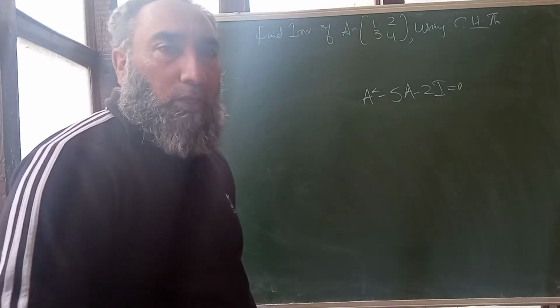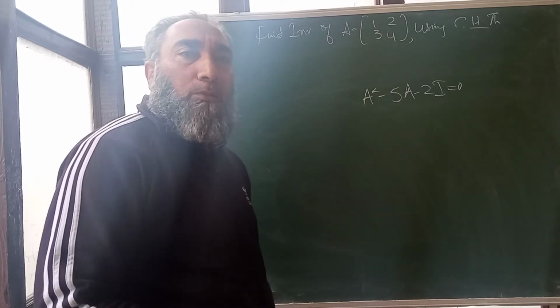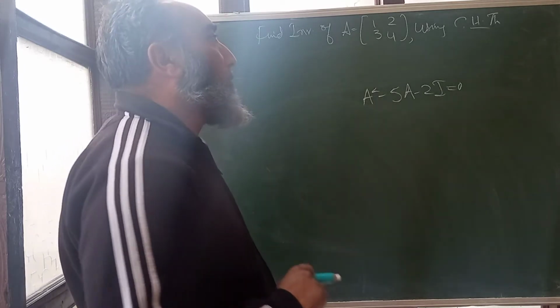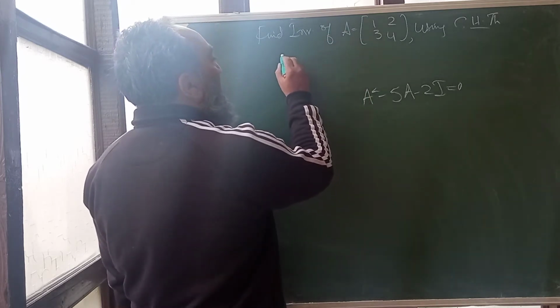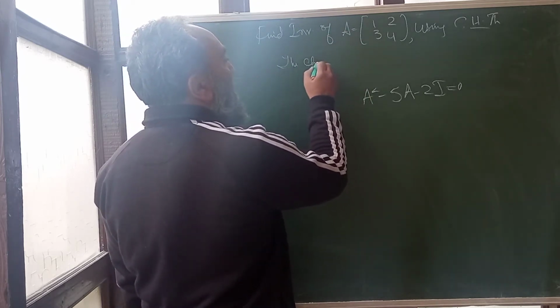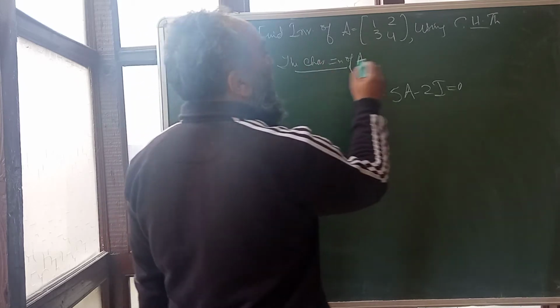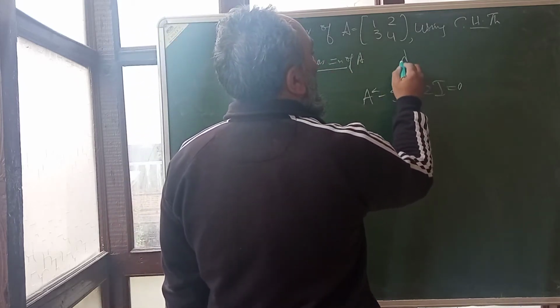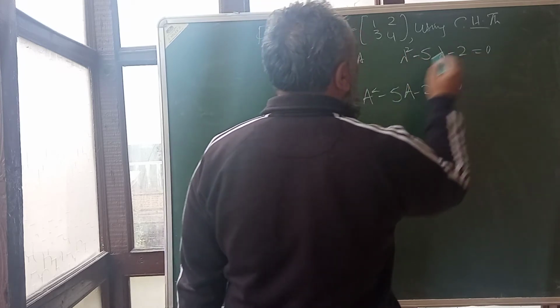If I have to proceed to find an inverse of a matrix by Cayley-Hamilton theorem, first of all I have to find the characteristic equation of A. The characteristic equation of A is lambda square minus 5 lambda minus 2 equals 0.